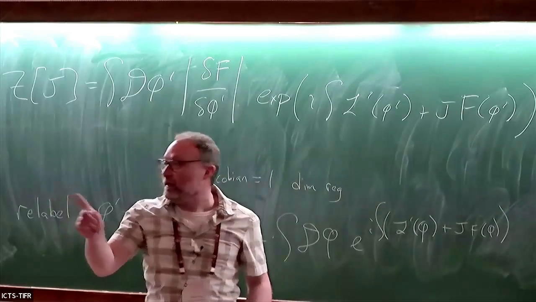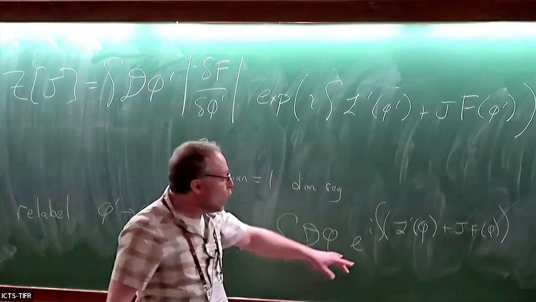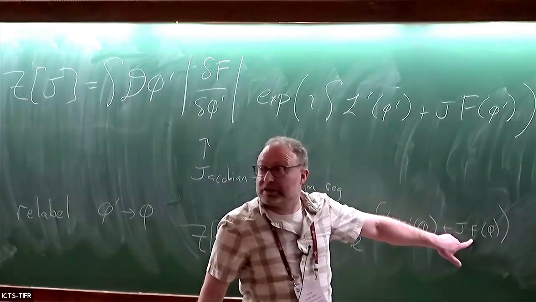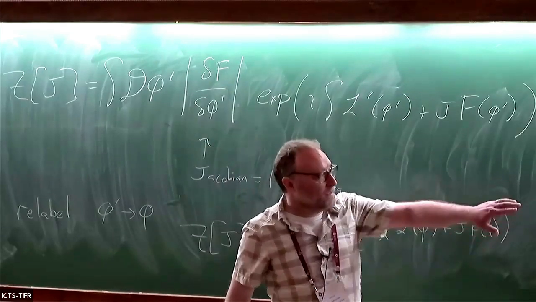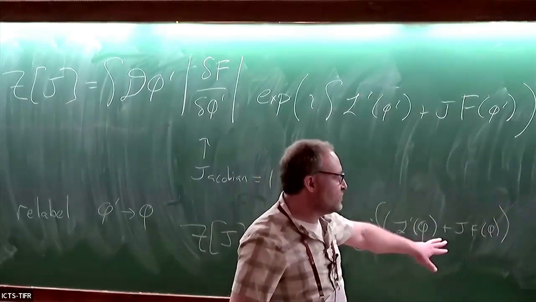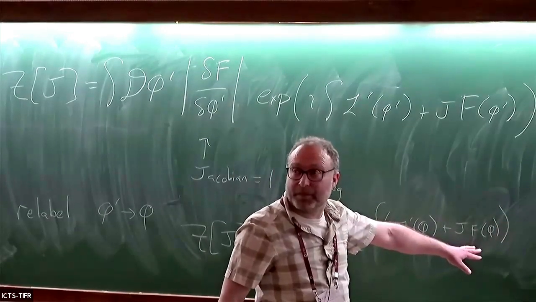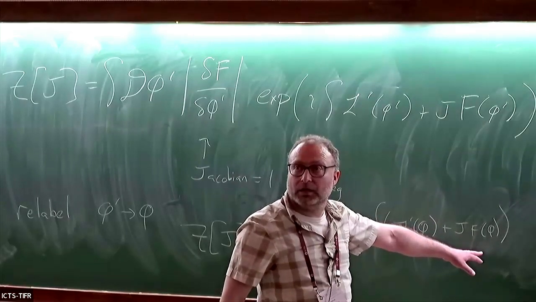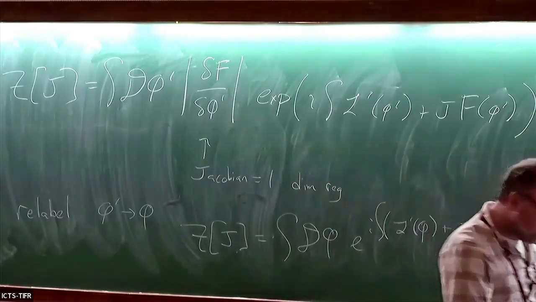And exactly getting to the question that was asked, the only difference is the coupling to the source. So in that version, we have J phi. In this version, we have J f of phi. Everything else is the same, okay? You with me? Good.